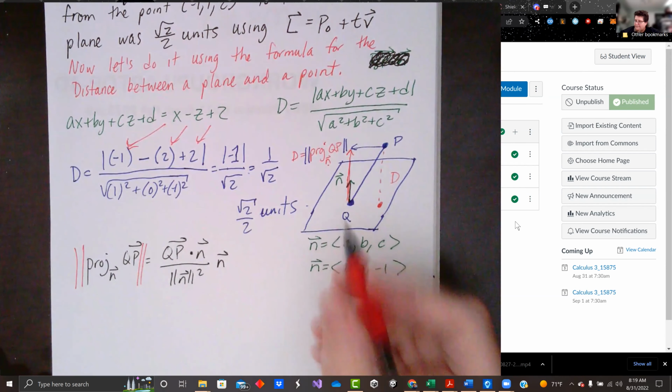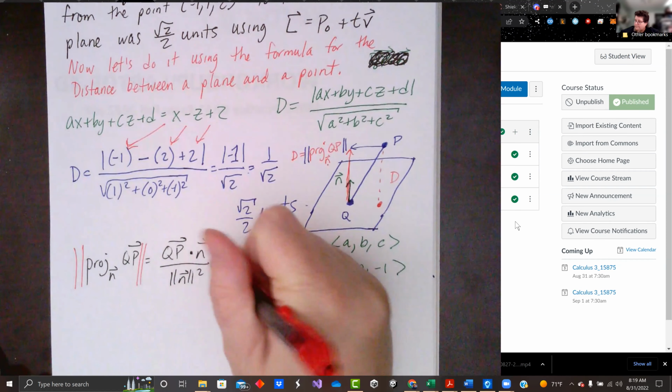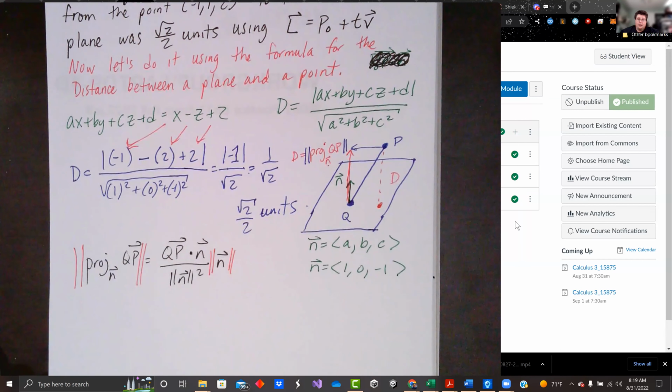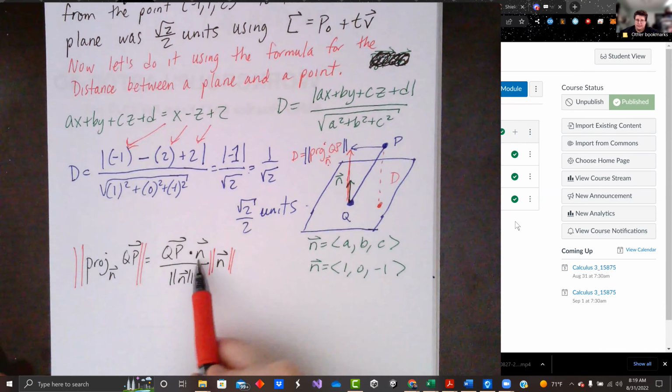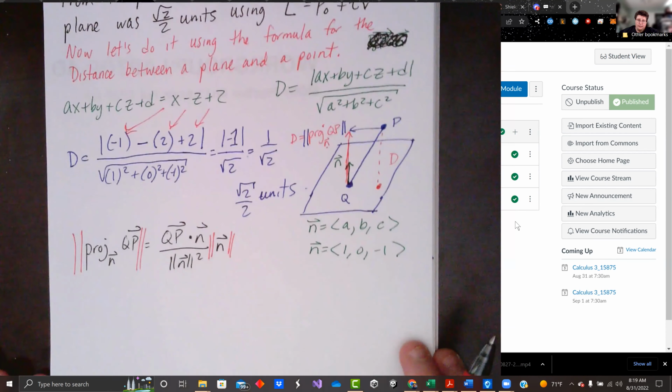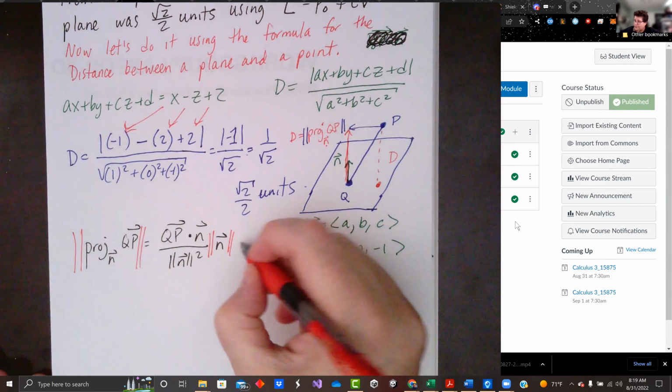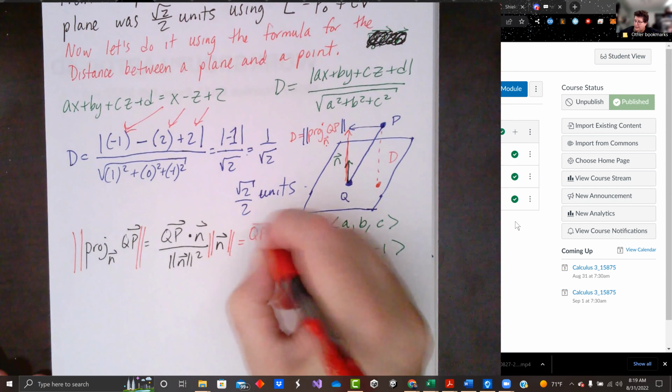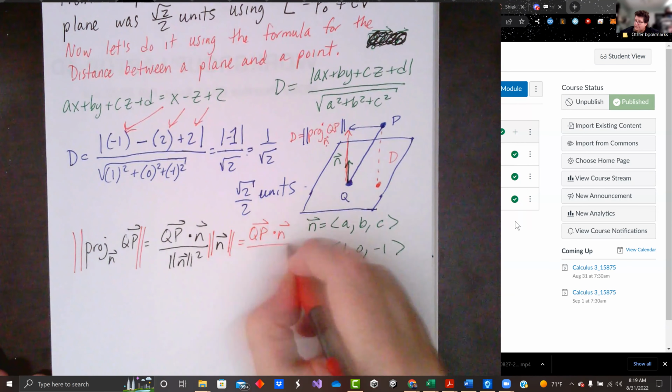The only part that's still a vector here is N, because QP dot N is a scalar. And so this cleans up to QP dot N over the magnitude of N.